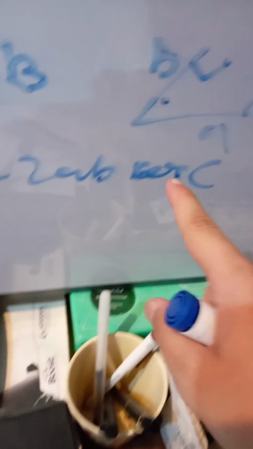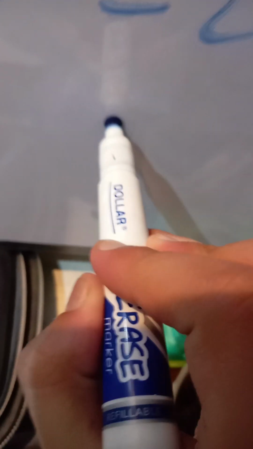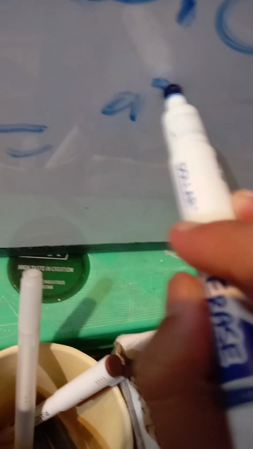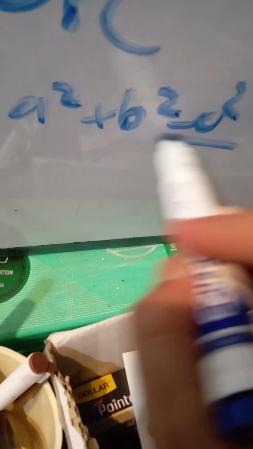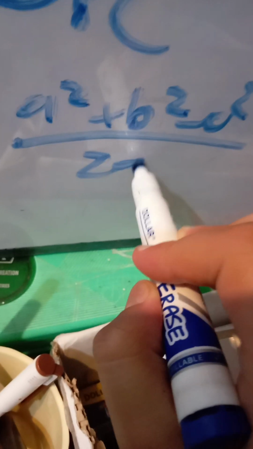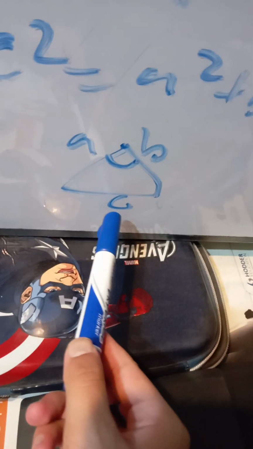You can solve for the angle itself, which is cosine of C is equal to a squared plus b squared minus c squared all over 2ab. Very easy. These two are the formulas you need to know. This cosine of C helps find the angle itself if you have all three sides.